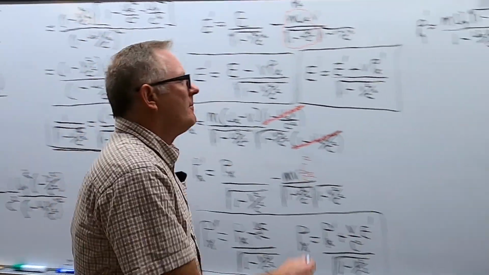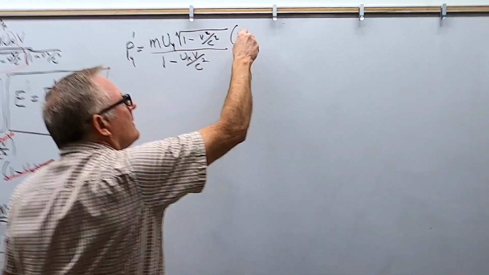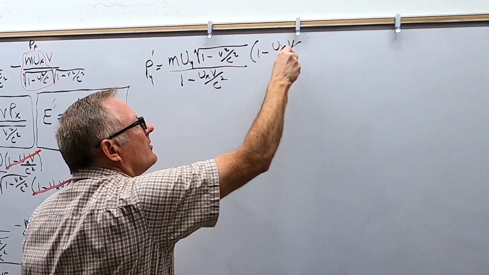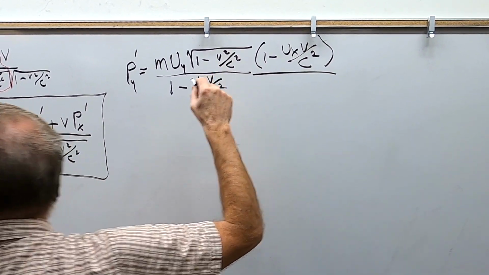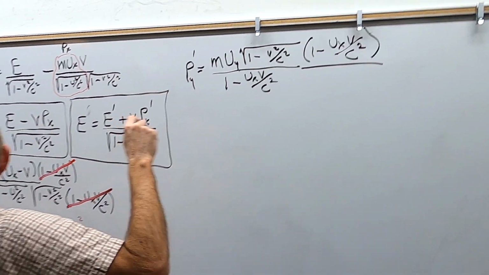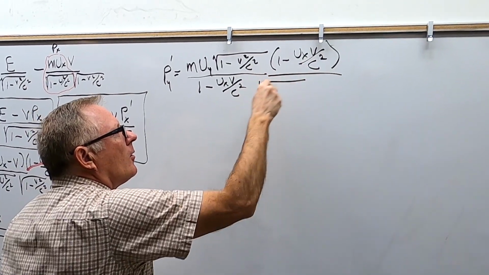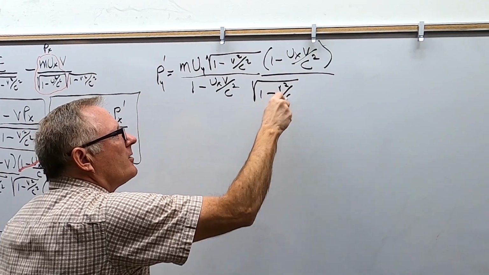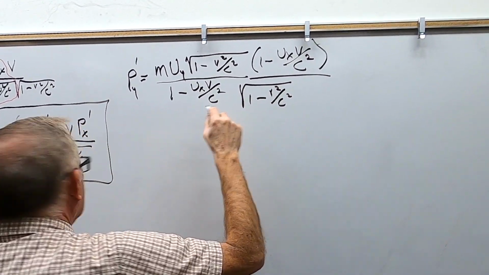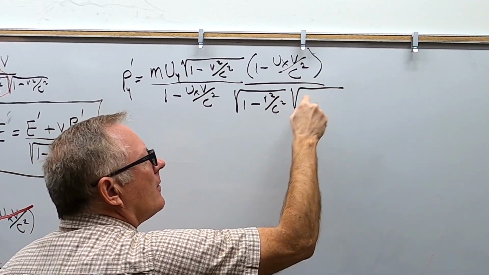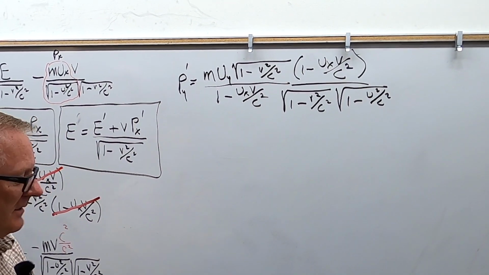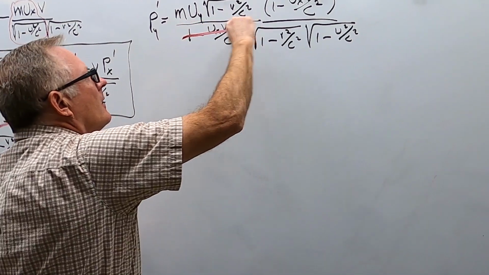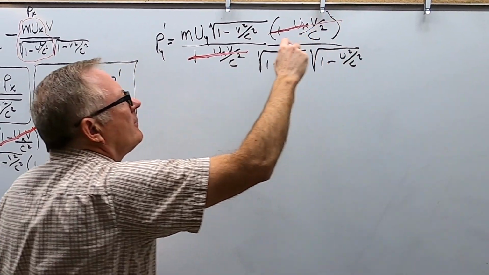So we just have to put that part in there. So we've got a 1 minus uxv over c squared, divided by the square root of 1 minus v squared over c squared, times the square root of 1 minus u squared over c squared. Well, let me see. This term cancels with that term.